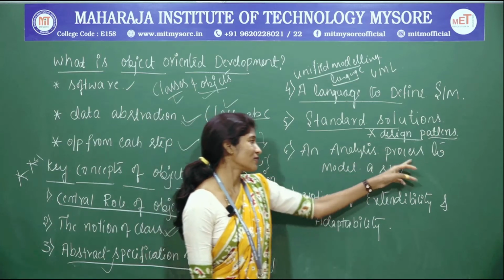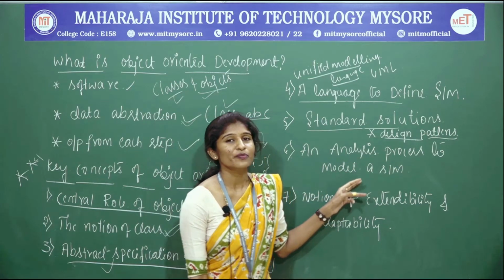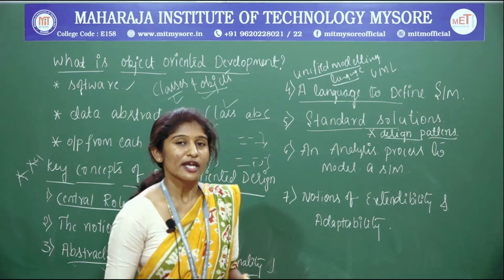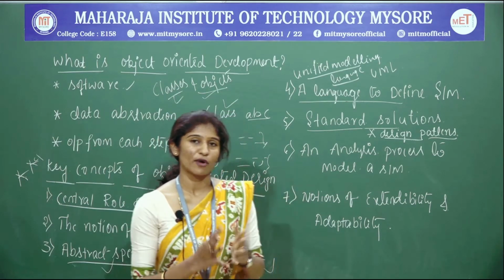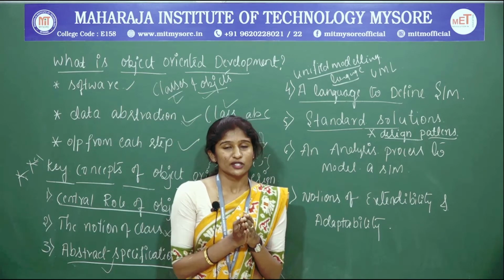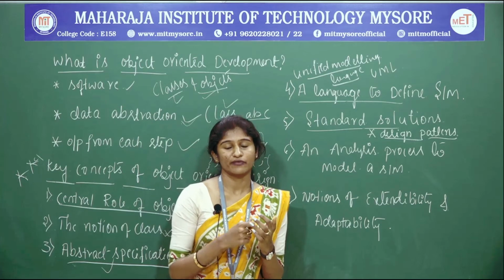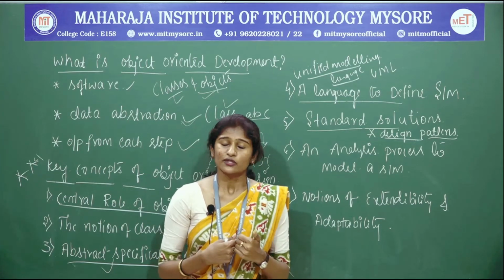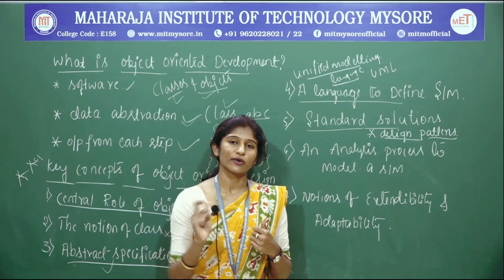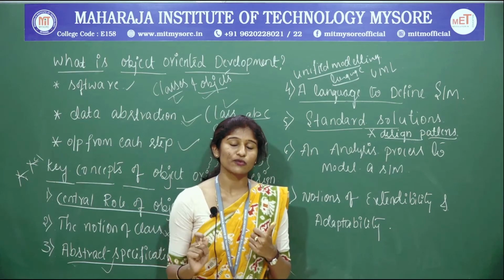And then analysis process to model a system. When you analyze a system or a process, it is going to give you the conceptual model. A conceptual model is nothing but an outline, a blueprint you can sketch before designing or implementing any software. Usually you are not going to directly write the program or the code.